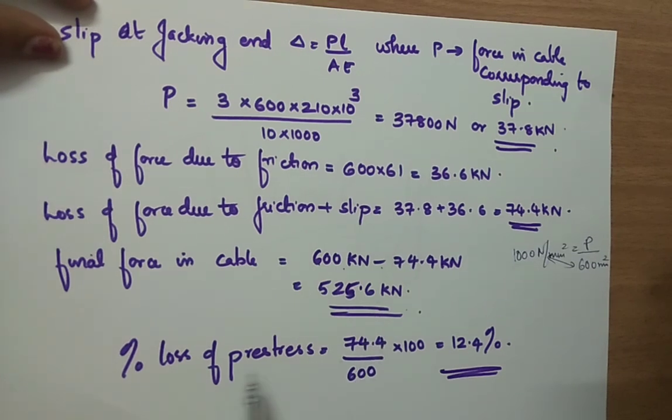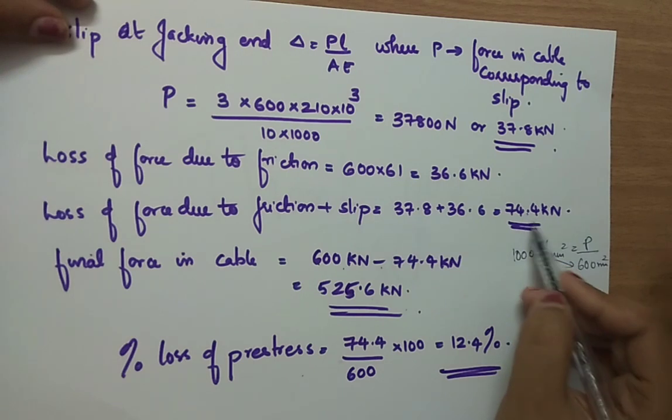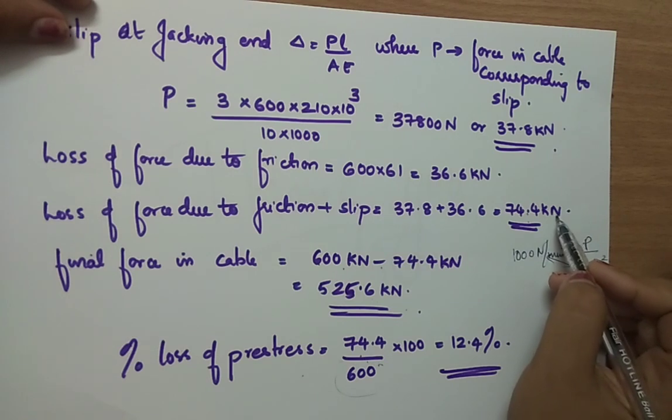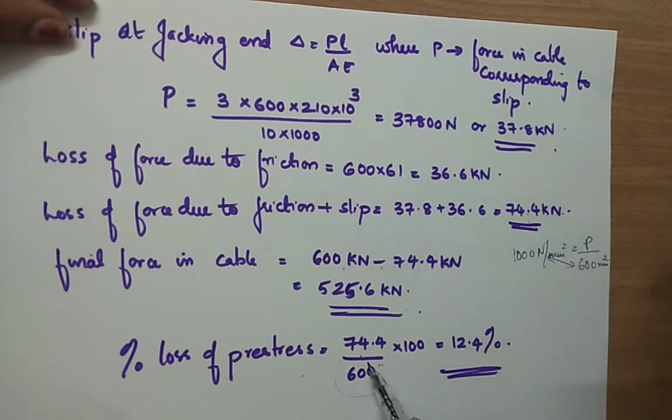So the percentage loss of pre-stress will be the total loss divided by initial force into 100. See, here we have taken the total loss of force. Therefore, we have to divide by the initial force.